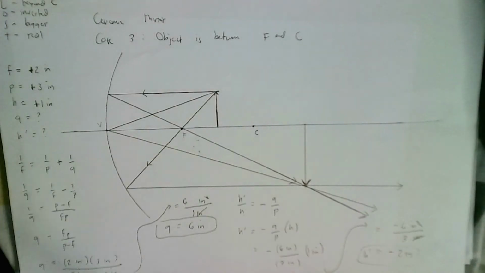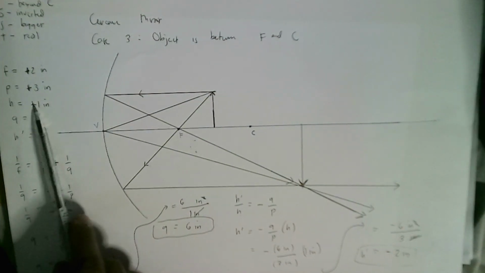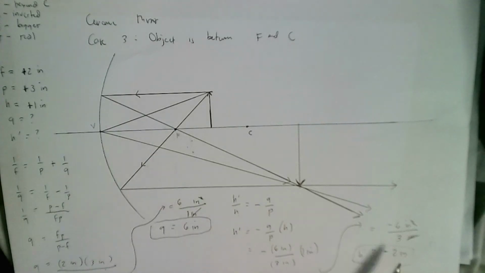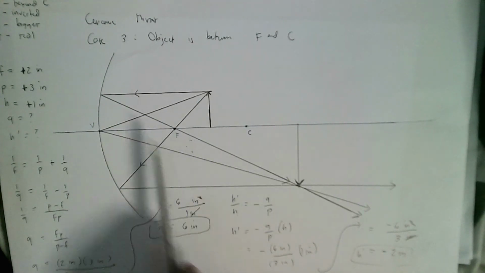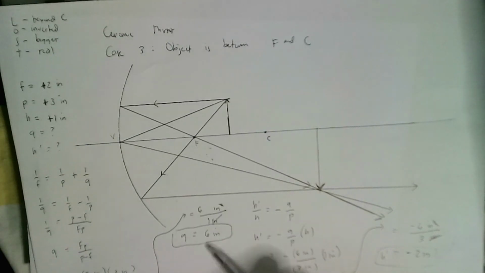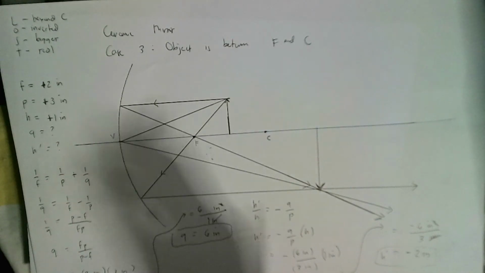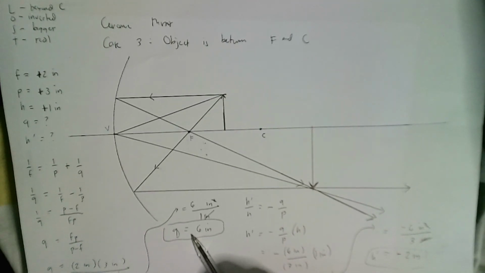How about the size of the image? Well, I know that the object is 1 inch in height, but the image as calculated is 2 inches in height, so it must be bigger. So correct. Now, how about the image type? Well, that is the sign of the Q here. If you look at the Q, it doesn't have a negative sign.